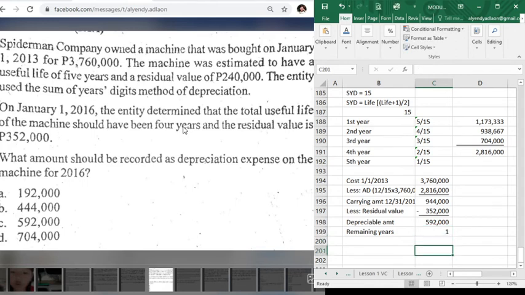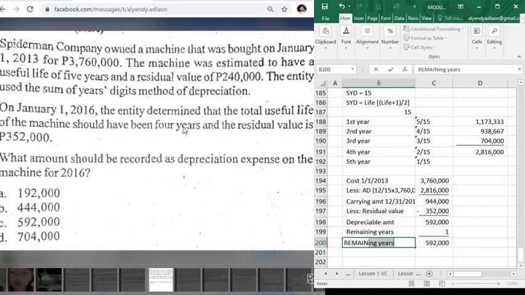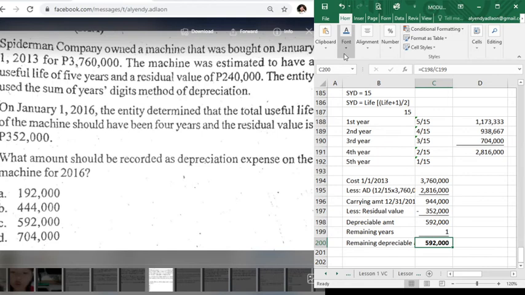So, meaning, the amount of 592,000 will serve as our remaining balance para sa depreciation. Okay? So, remaining depreciable amount. So, 592,000 ang ato ang depreciation expense for 2016. Okay?